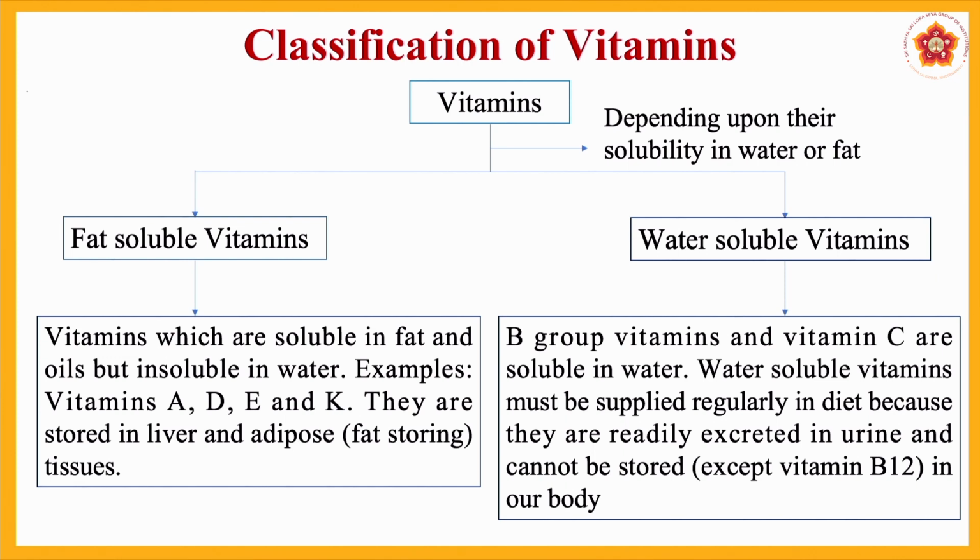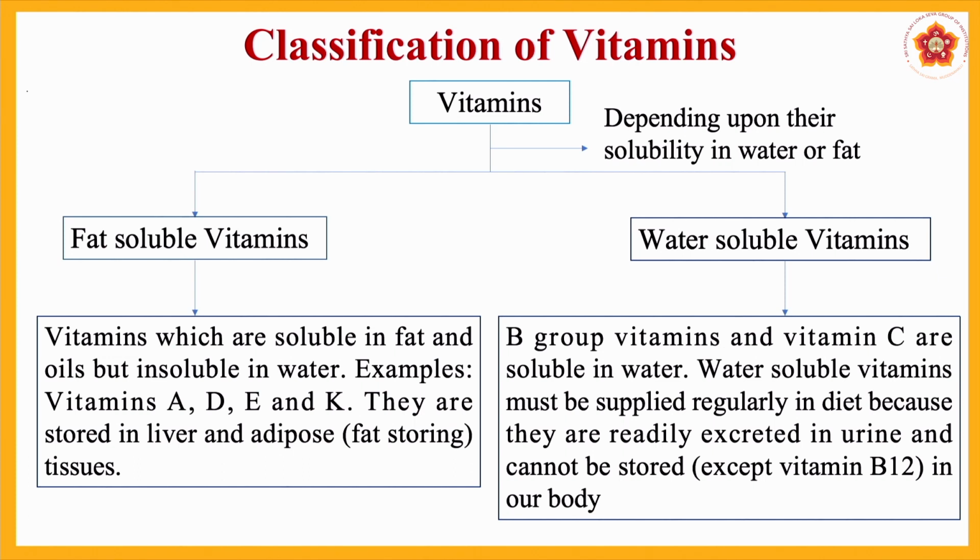Vitamins which are soluble in fat and oils but insoluble in water. Examples: vitamins A, D, E and K. They are stored in liver and adipose tissues. Adipose tissues means fat storing tissues. So, water soluble vitamins means B group vitamins and vitamin C, which are soluble in water.